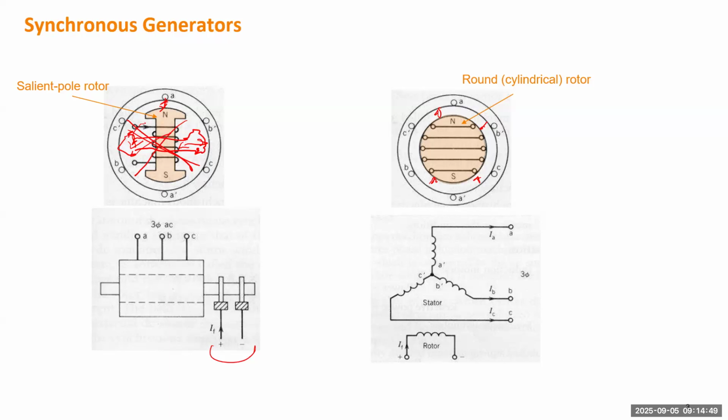Okay, so those are the key parts of the generator. For the rotor, we're going to consider a single winding, the field winding. For the stator, we have A, B, C, three windings to be considered.